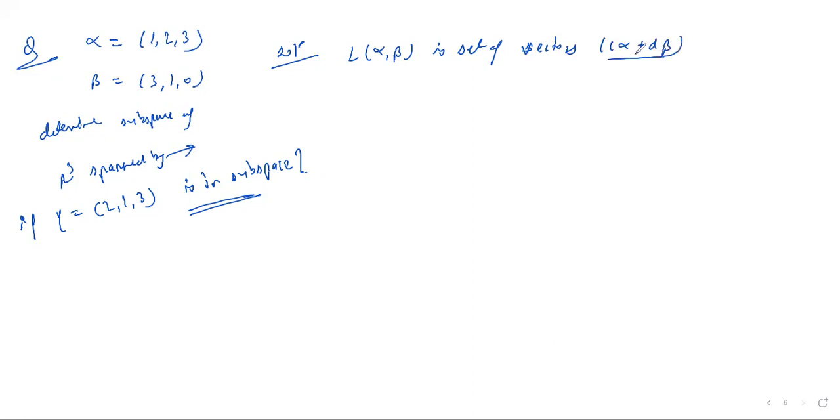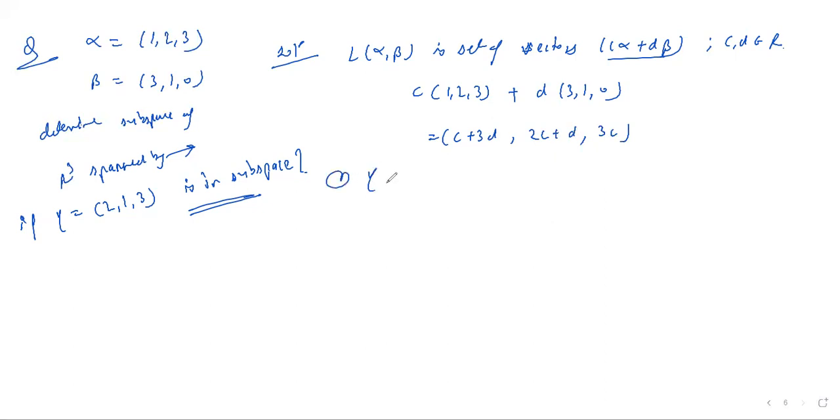That's what we do in linear spans, where c, d belong to R. Then we put in the values of the alpha and beta vectors: c times (1, 2, 3) plus d times (3, 1, 0), which equals (c plus 3d, 2c plus d, 3c). Now I want to check whether this gamma belongs to L of alpha comma beta, the linear span, or not.